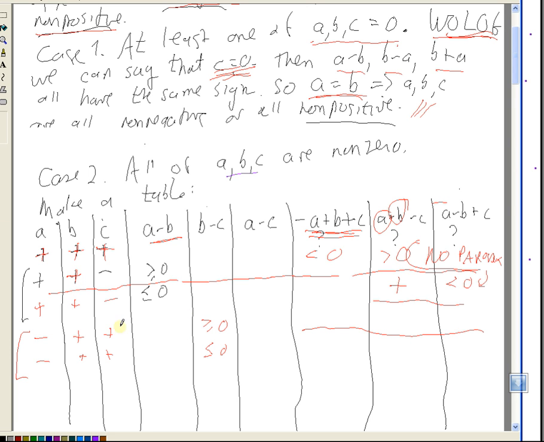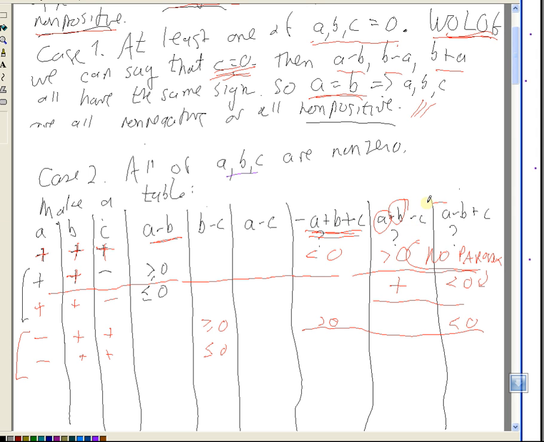For instance, if A is negative, B and C are positive, you can prove that this one is going to be greater than 0. If B minus C is positive, A is negative, we don't know about that, but in this case you'll have that this one is less than 0. So you'll go through and you'll find in every single case that if you don't have three signs the same, you can always find two of these signs that disagree. As long as we have two signs that disagree, we do not have a voter paradox.